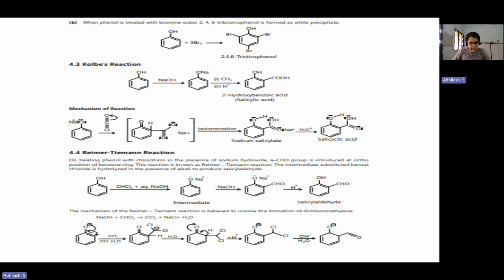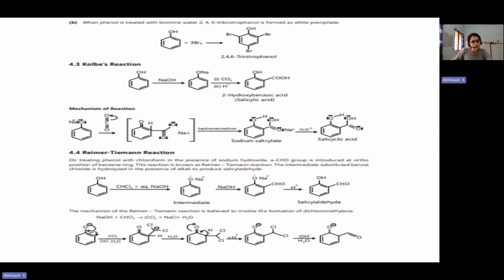When this is treated with H2O, there is a dislocation of the bond, which leads to the formation of this, and there is another hydrolysis reaction which leads to the formation of this salicylaldehyde ion. This is the basic mechanism for the Reimer-Tiemann reaction.